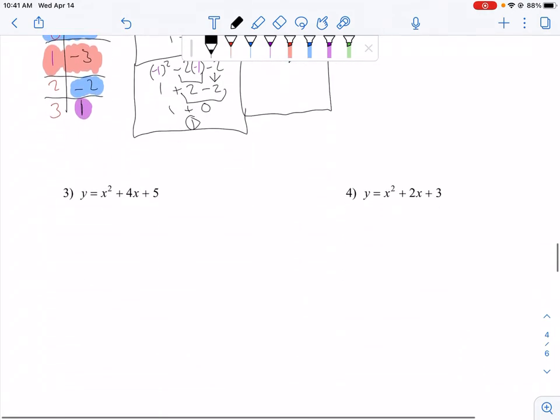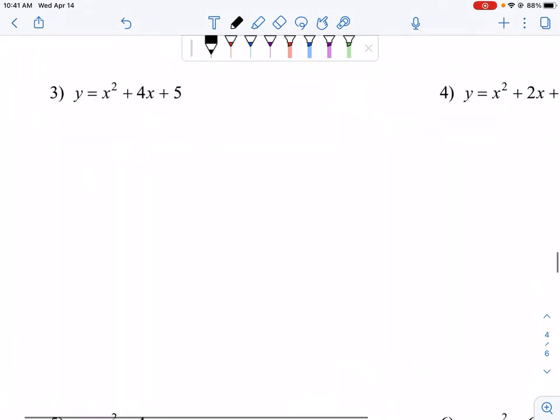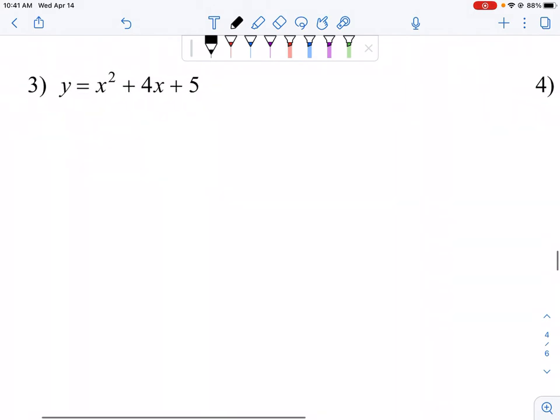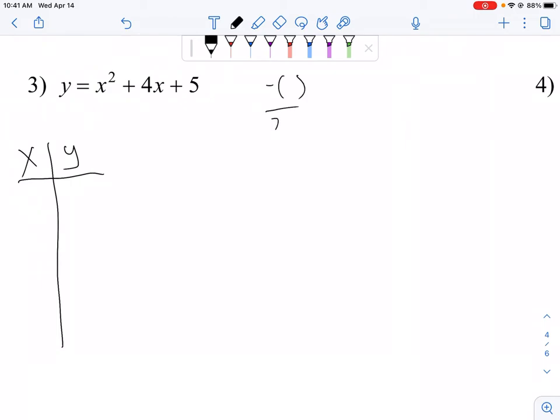I'm going to give you one more example, just to keep this video short. The whole idea is that we first find our axis of symmetry by using our formula, -b over 2a. So my b value is 4 and my a value is 1. So this becomes -4 over 2, and that becomes a -2.